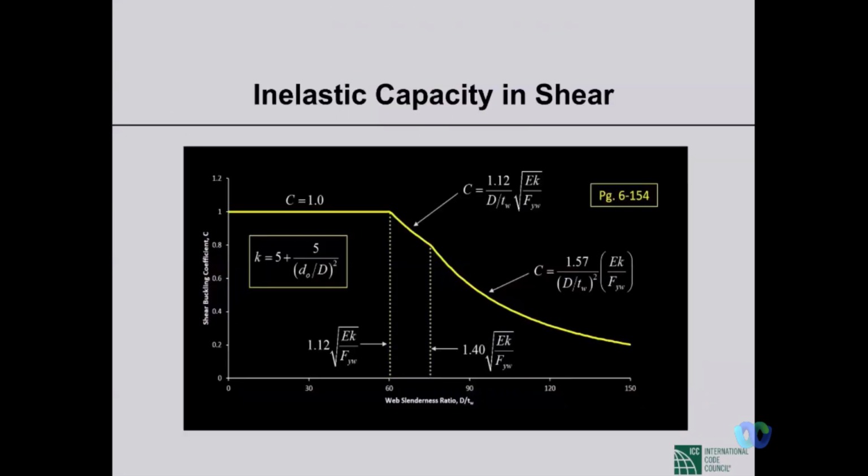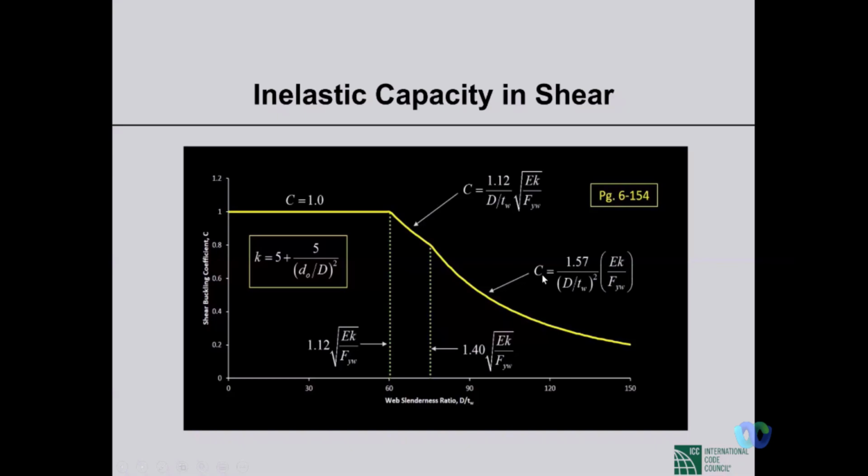Now, as I've said, this is the same story. These are the limiting web slenderness ratios, which define whether we'll have elastic buckling, in that case the CV. The formulas look a little bit different, but the concept is the same.